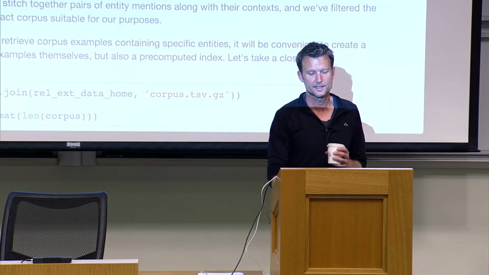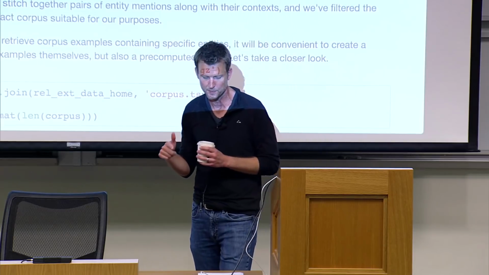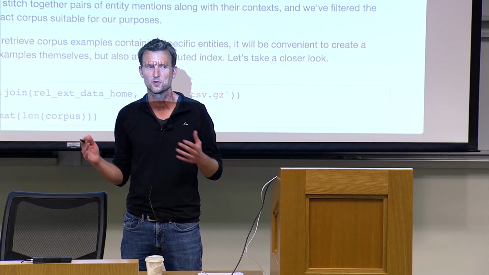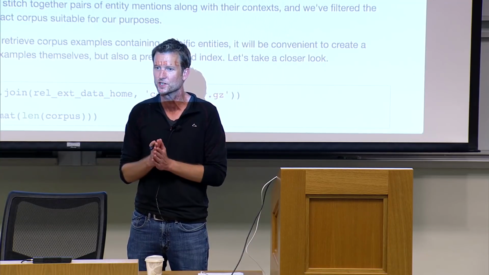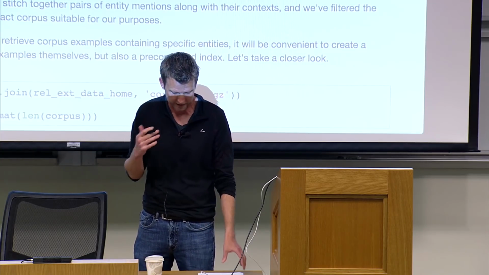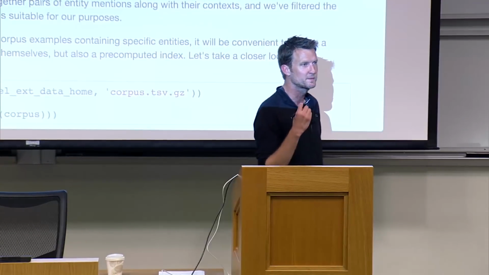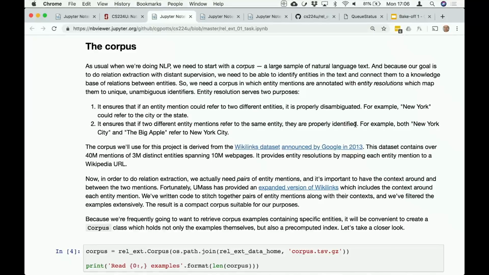Okay, so two data assets to talk about, the corpus and the knowledge base. As usual, whenever we're doing NLU, we start with a corpus, a large collection of examples of language. And in this case, there are some specific things that we need from our corpus. We need lots of examples that contain two entities. That's the whole idea.